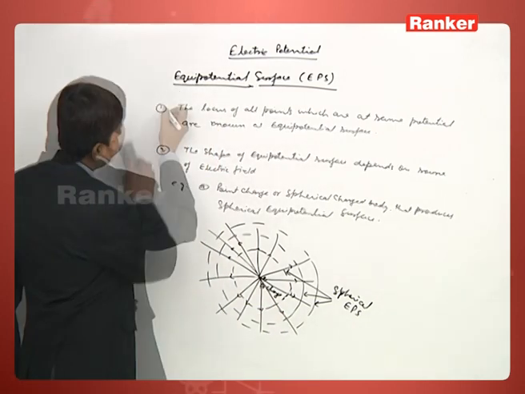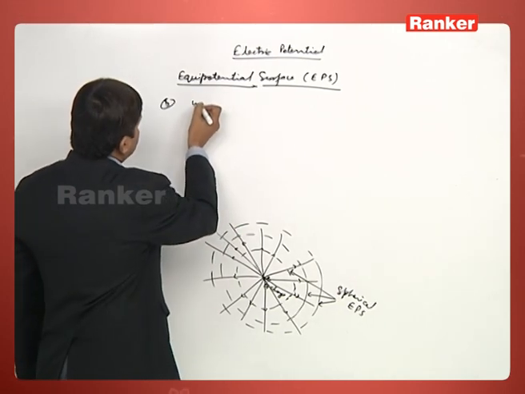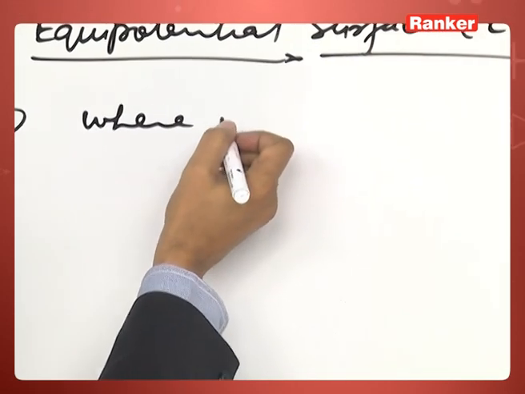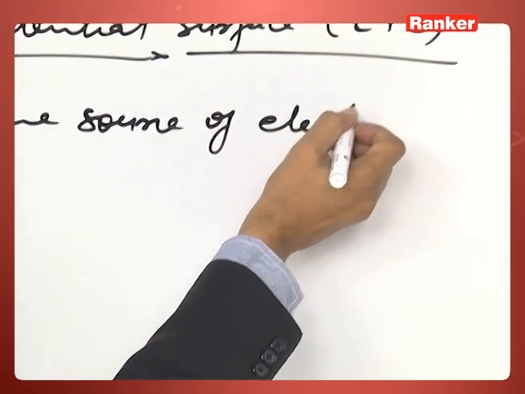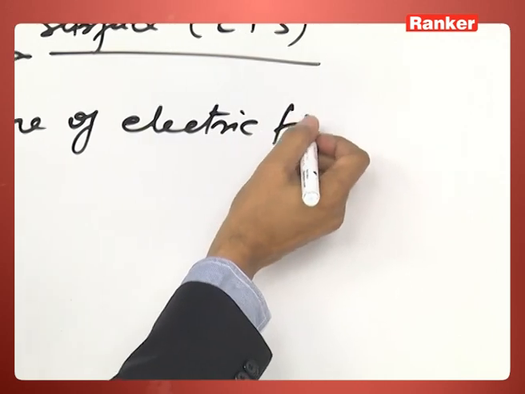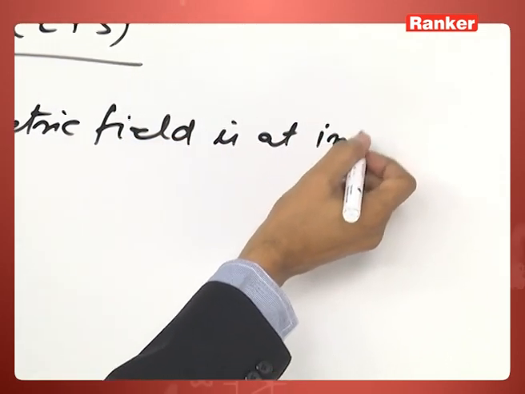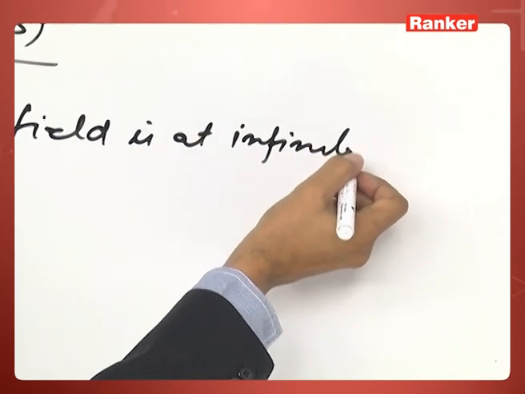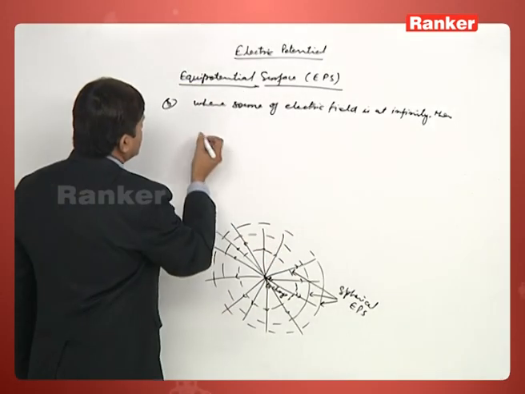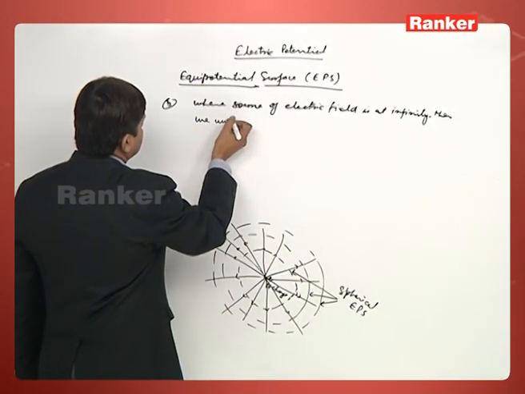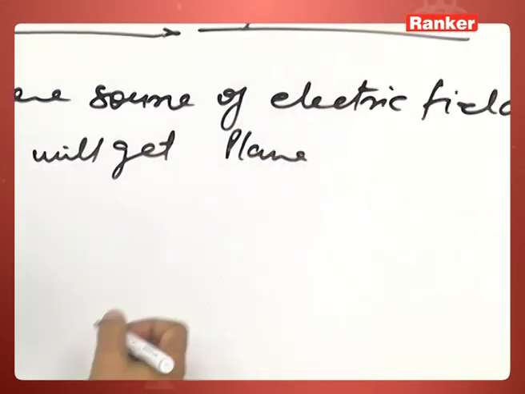So we can write: when the source of the electric field is at infinity, then we will get a plane equipotential surface.